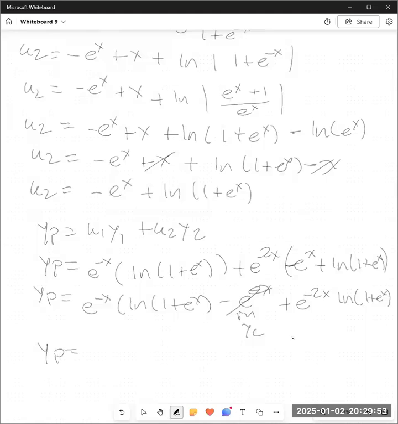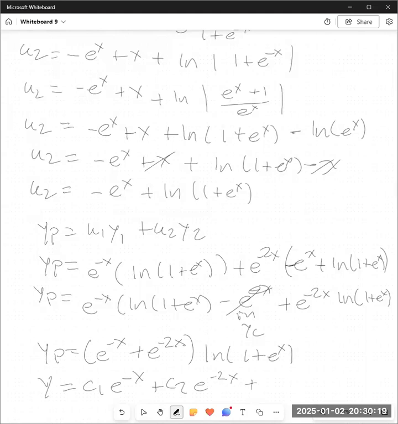So my yp, I'm going to factor here, e to the negative x plus e to the negative 2x, ln of 1 plus e to the x. So my total solution y is c1 e to the negative x plus c2 e to the negative 2x plus e to the negative x plus e to the negative 2x ln of 1 plus e to the x.